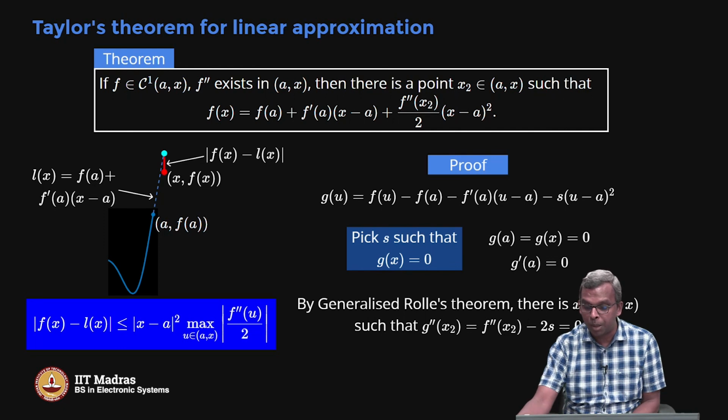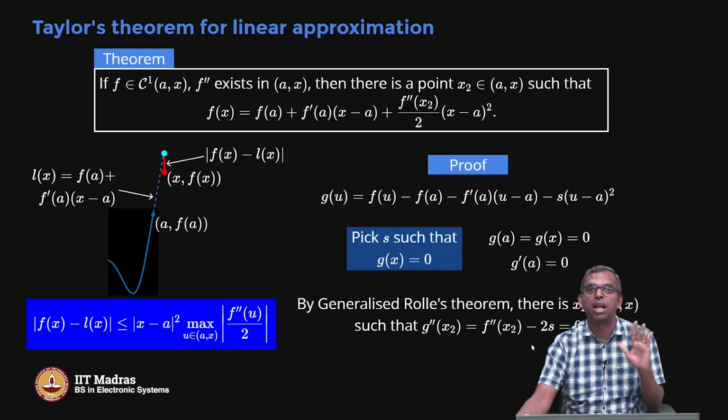But f double prime of u will stay, so that you will get g double prime of x2 is f double prime of x2 minus 2 times s equals 0. So, this shows you that there is an x2 such that s equals f double prime of x2 by 2, and I am done.